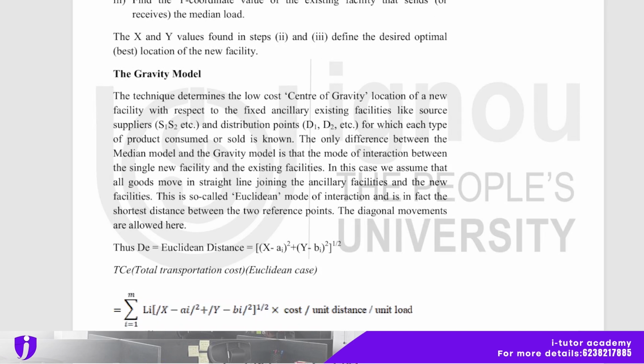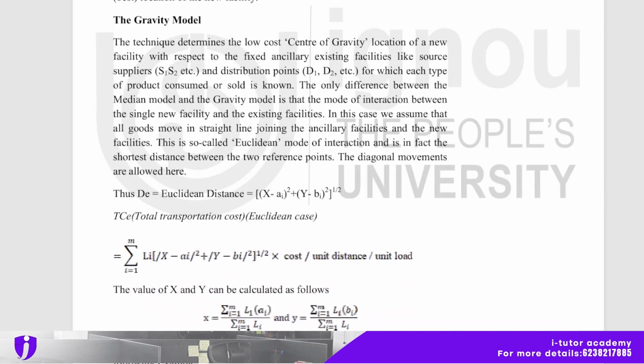Next is the gravity model. The technique determines the low-cost center of gravity location of a new facility with respect to the fixed ancillary existing facilities like sources, suppliers, and distribution points, that is D1, D2, etc., for which each type of product consumed or sold is known.